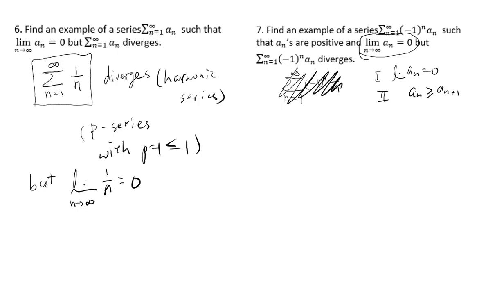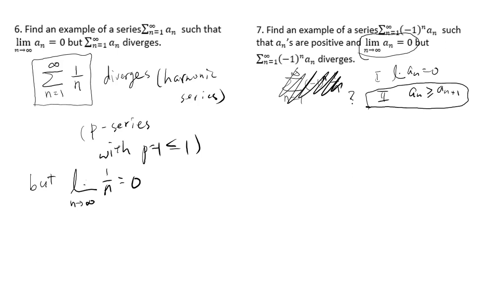So these two conditions together give you that the alternating series test implies the convergence of this series, at least conditionally. And since only one of them is supplied, that means the other has to be violated somehow. You have to think about a sequence where it's not decreasing yet still goes to 0.